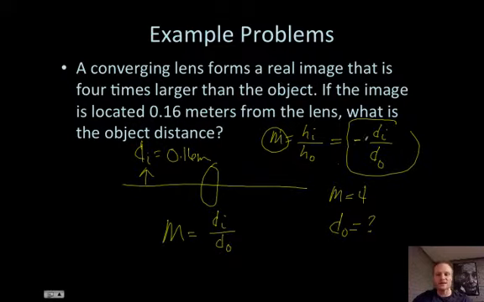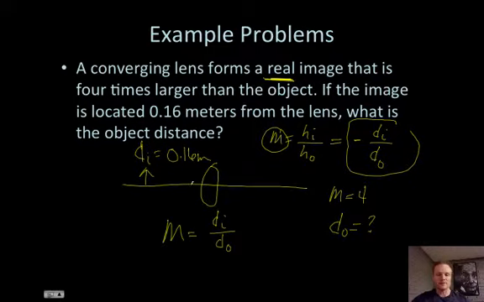That negative is there solely to tell you that if this turns out to be negative, the lens will be forming what's called a virtual image. But the problem says it's forming a real image, and real images are positive, so I can just drop that negative sign straight away. There's no issue with not keeping it.